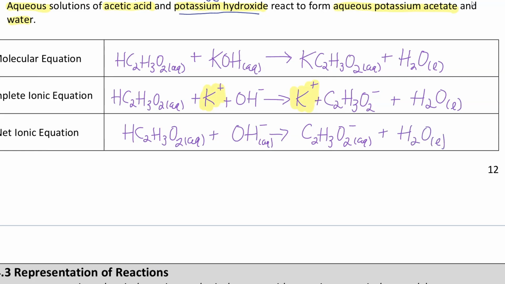This is an example where charge is conserved, even though we don't wind up with neutrality on both sides, right? We've got the negative charge on the reactant side from the hydroxide. And then we've got the negative charge on the product side from the acetate.